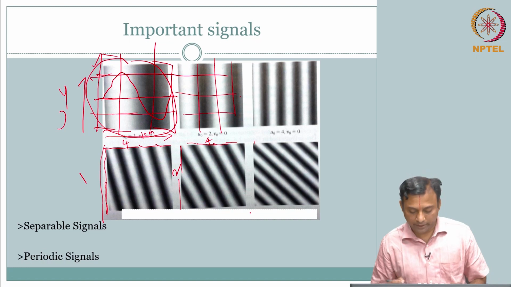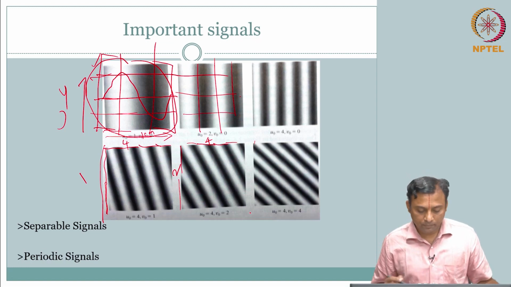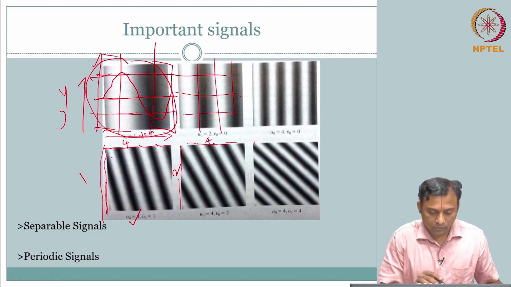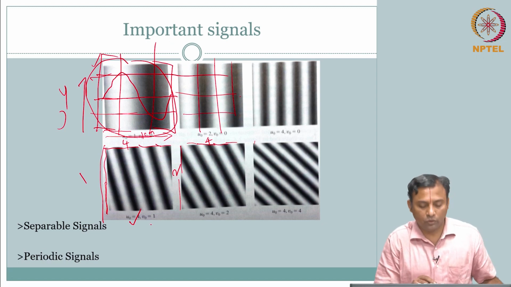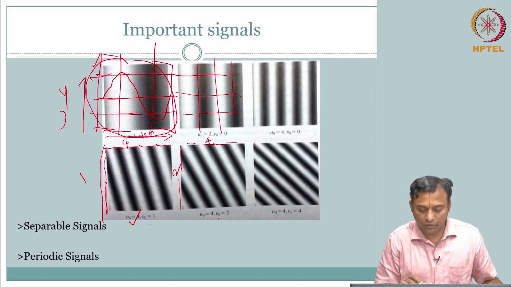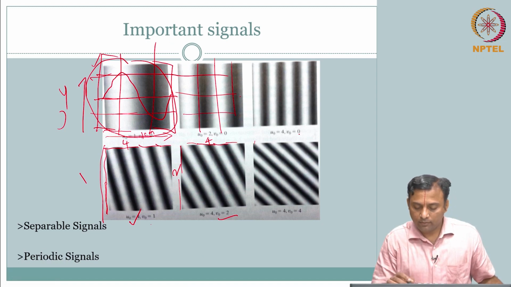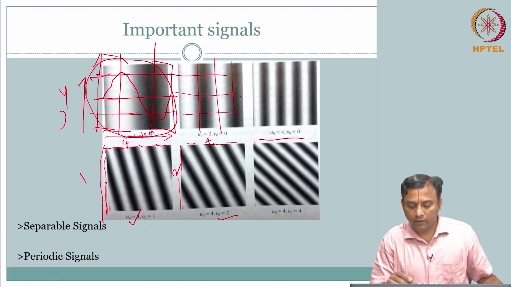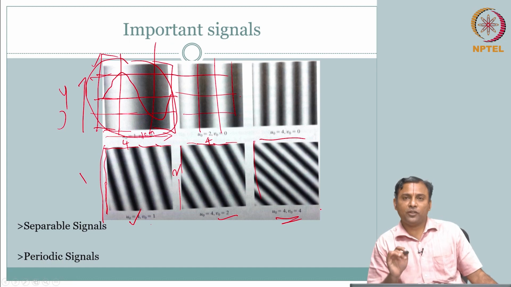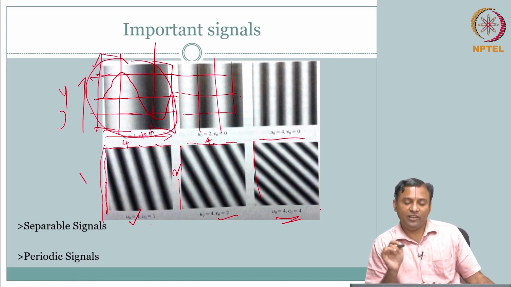So, it is 4 and 4. So, clear. 4 and 1: x direction is 4, y direction is 1. So, your u naught is 4, v naught is 1. Then u naught is 4, v naught is 2, and then you have 4 and 4. Clear. So much for a simple sinusoidal oscillation.